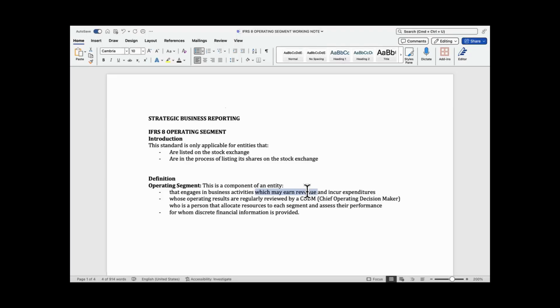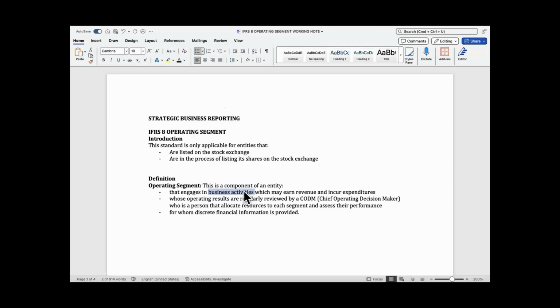Can those ones qualify as an operating segment? Yes, they can, in as much as they are engaging in business activity. They might not make money, but without them, other units will not make money. Without them, the company will not operate efficiently. So like a research and development center of an organization can be an operating segment even though it does not earn revenue, but it's carrying out business activities.